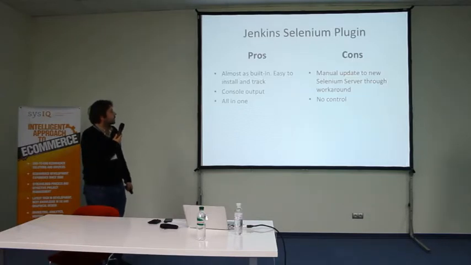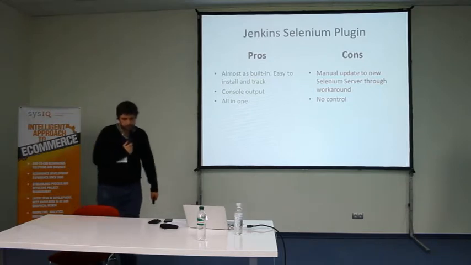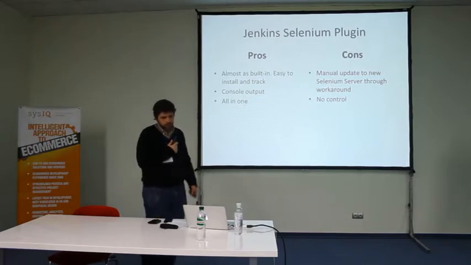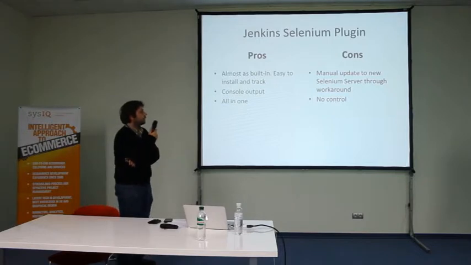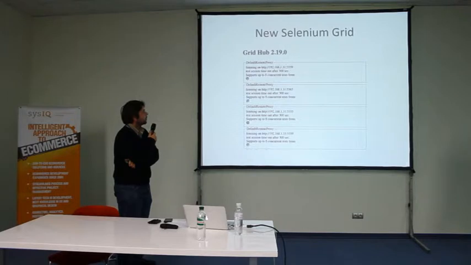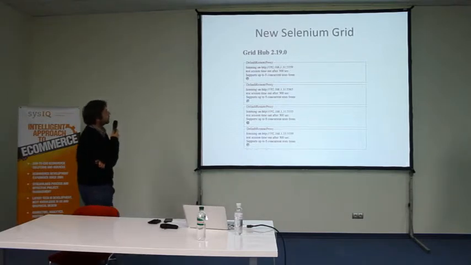What does the Jenkins Selenium plugin give? It's almost built-in. It's easy to install, and has console output. But what is bad with it is that if you want a newer Selenium Grid version, we have to update it by ourselves. Also, let's picture how it runs. Here I see what's new with the Selenium Grid version, and a number of machines.